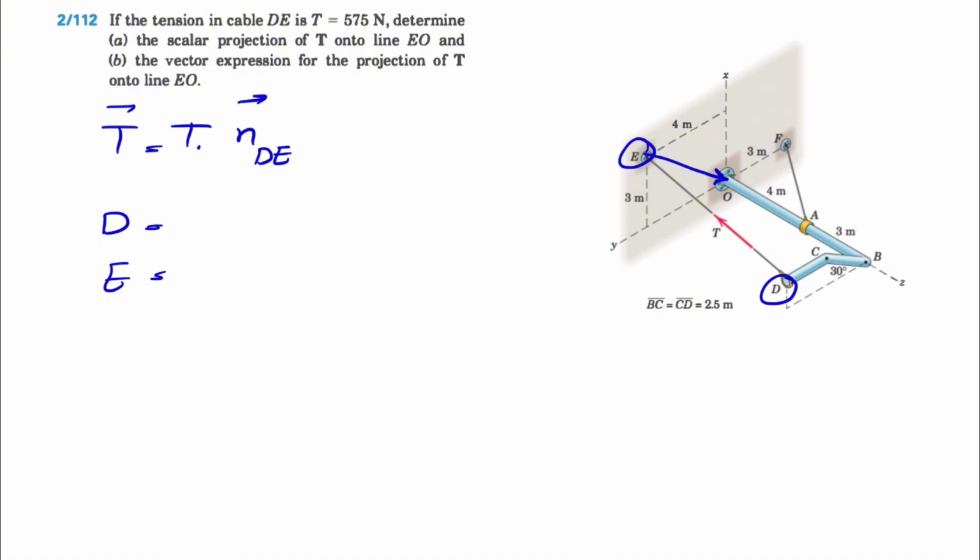So if we want to find the coordinates of D, if we look at this, we'll see that we have our X, Y, Z, and what we have for point D as our X is this little distance here. And from the question, we have this right triangle in here, which the BC or the hypotenuse is 2.5. So for X, we have 2.5 sine of 30 degrees. That's going to give us the X component.